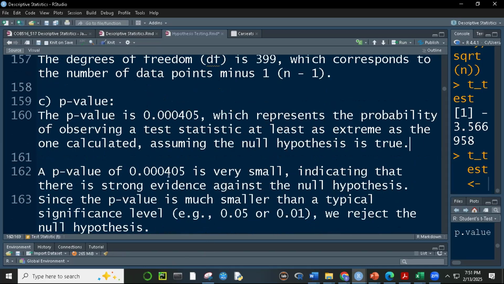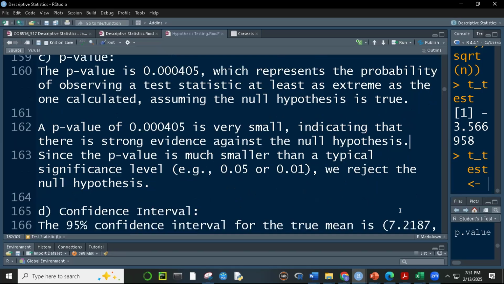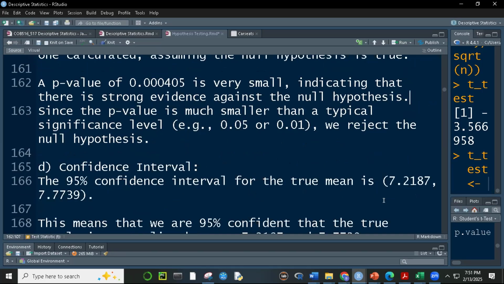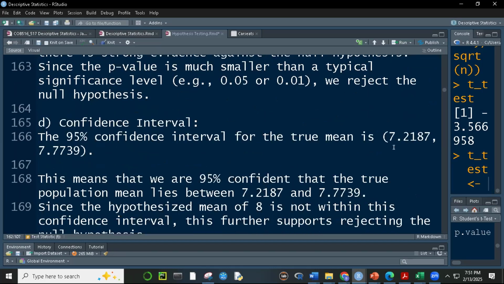A value of 0.004 is very small, indicating that there is strong evidence against the null hypothesis. So we're rejecting the null hypothesis. Since the p-value is much smaller than our level of significance, which is 0.05, we reject the null hypothesis. And I also mentioned the confidence interval. The 95% confidence interval is between this one and this one.